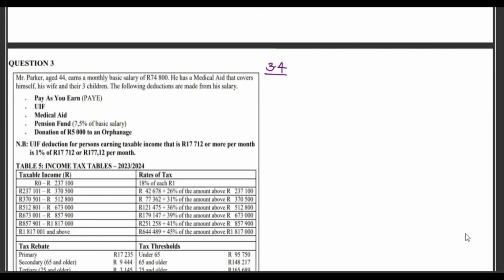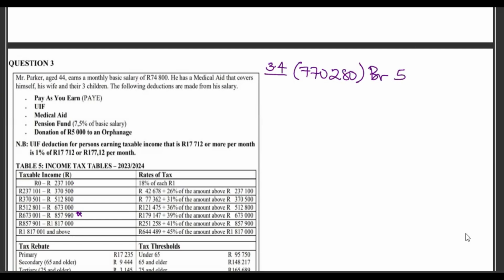We shall calculate his tax. First, how much is this annual taxable income? We are saying 770,280. Which bracket does it belong to? We come here and find out it's in bracket number 5.